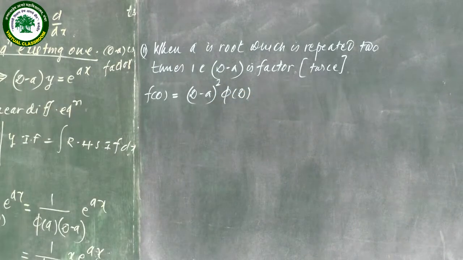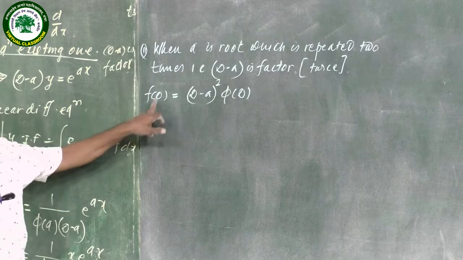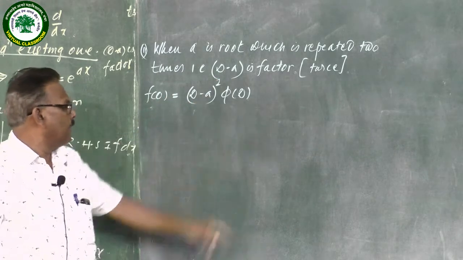What will happen here in this case? f(D) = (D − a)² φ(D).